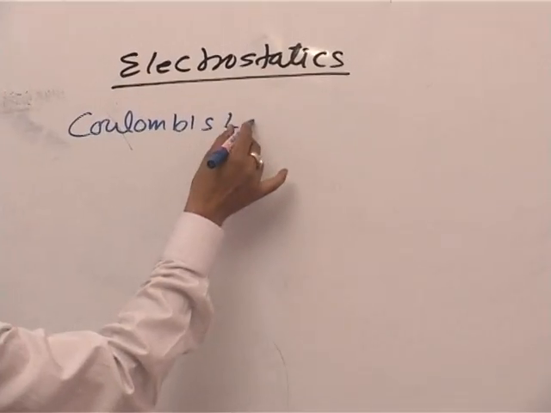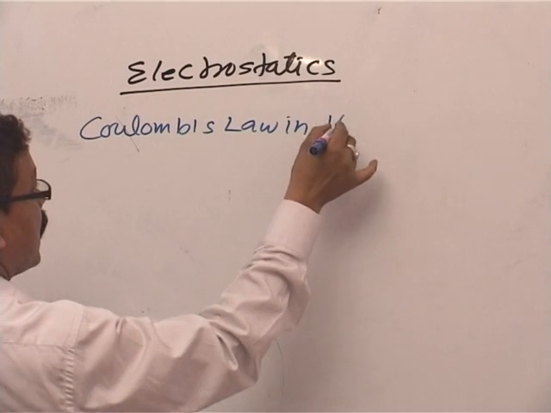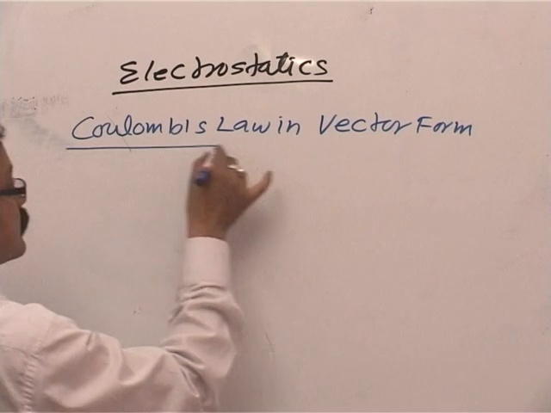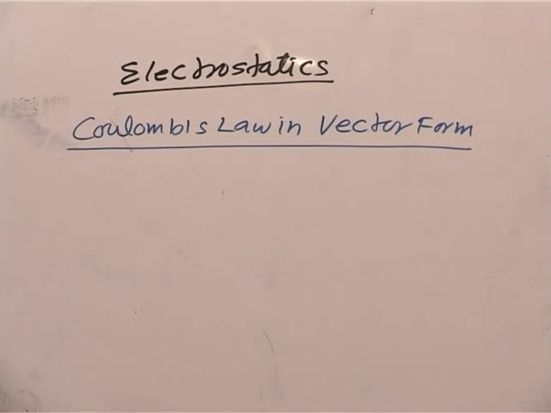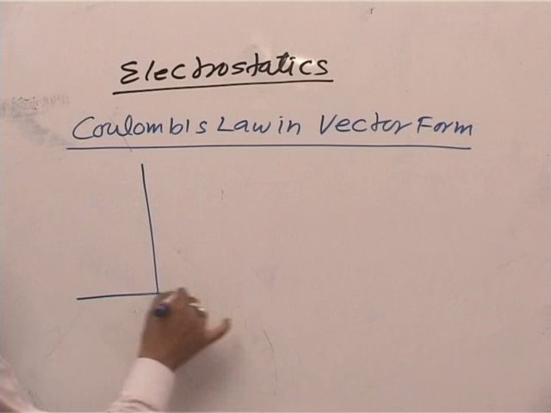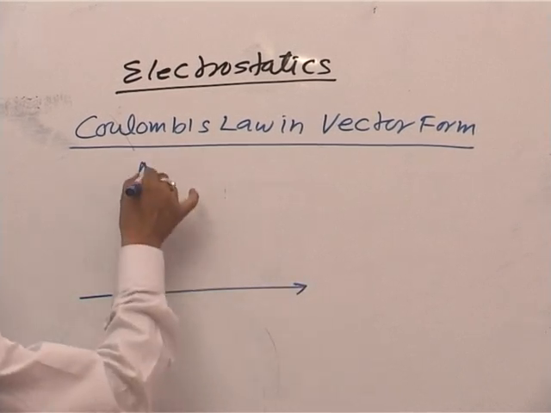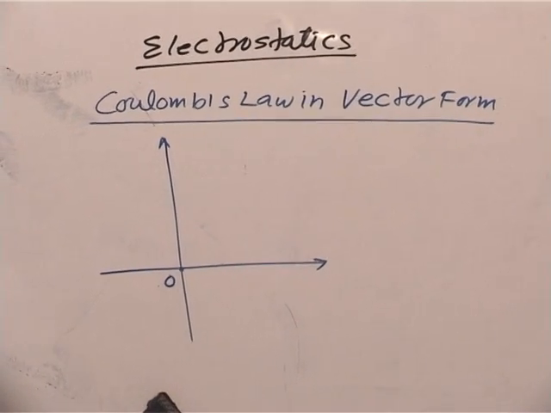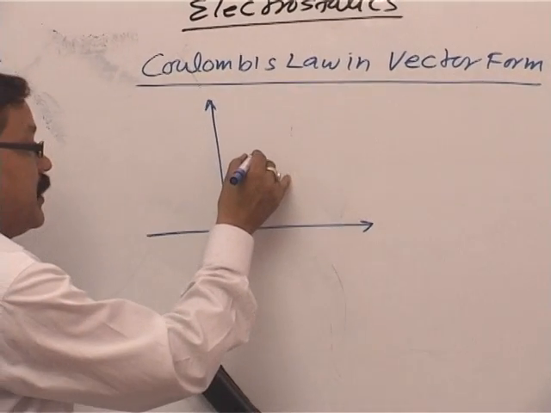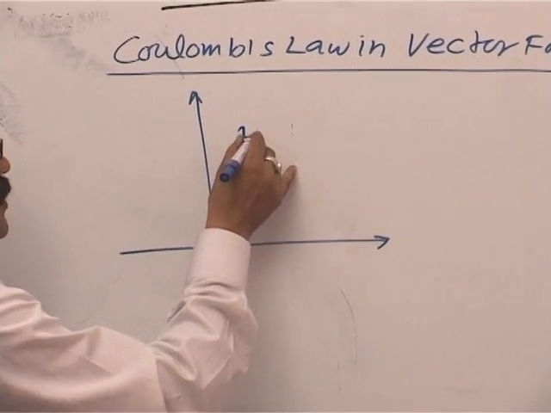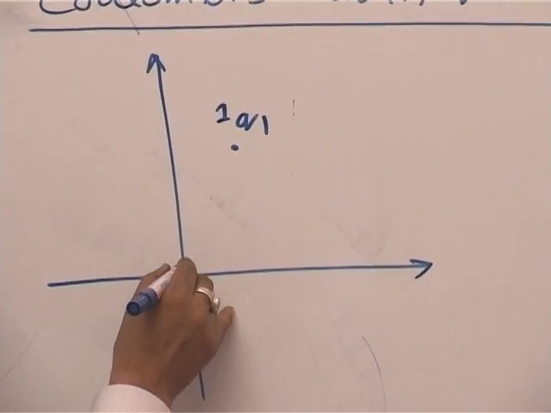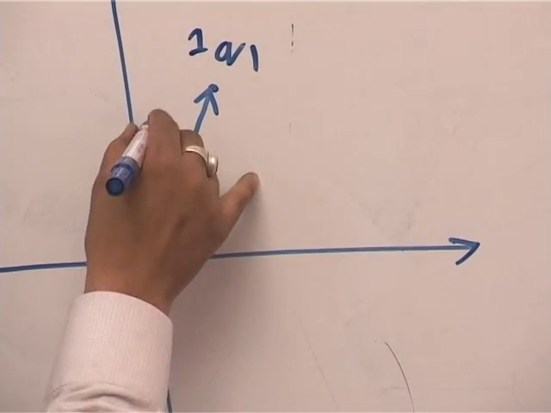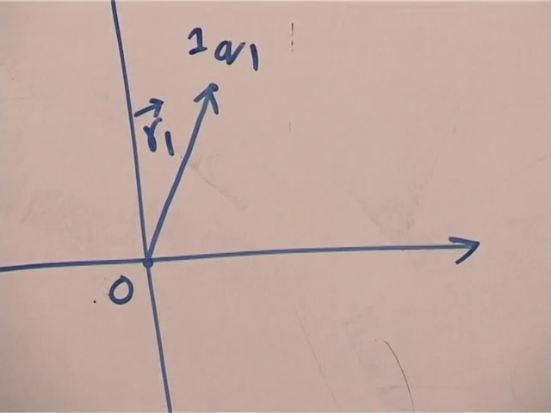The Coulomb's law in vector form. For that, suppose we choose any coordinate system and this is the origin. One of the particles is kept here, this is 1, it has charge q1 and its position vector, if you join a line from the origin, is r1.